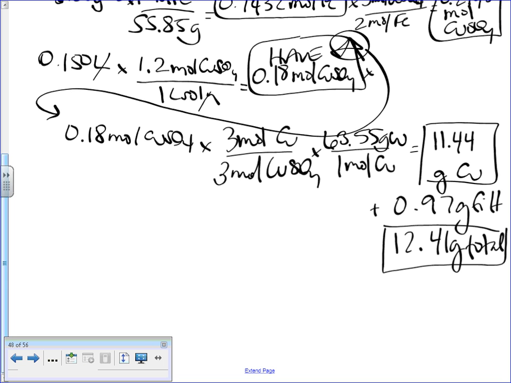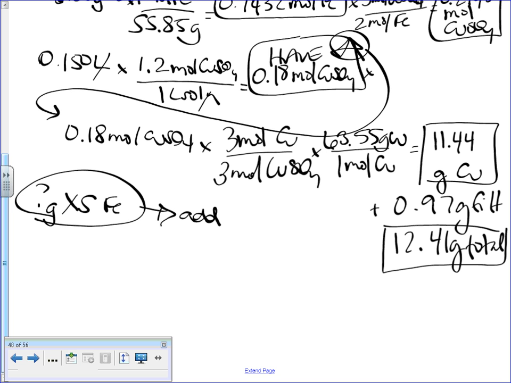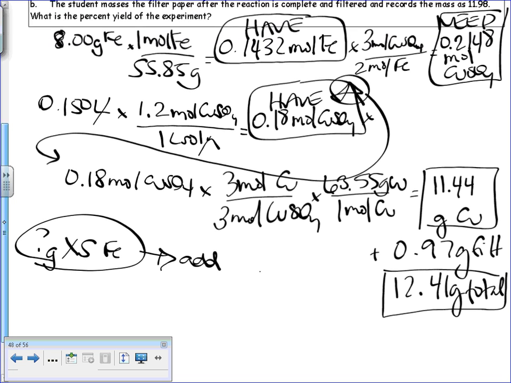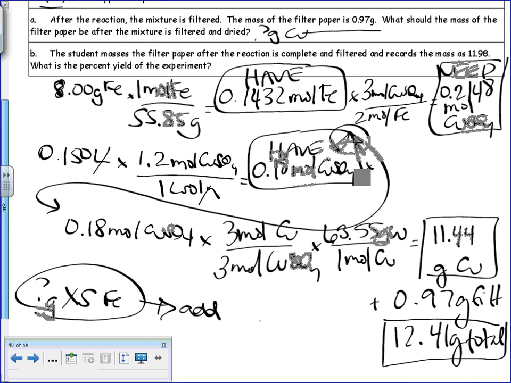But I will note, we might have to figure out how many grams of excess iron. And once we figure that out, we could add that to that answer to get the final total precipitate that was remaining and that was made. So if we had to get that, we could. Let me go back up here and see where we need to go from here.